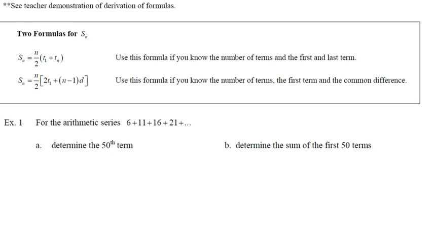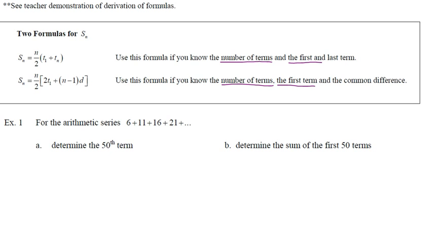Then we either need the last term, t sub n, or the common difference. Use the top formula if you know the number of terms and the first and the last term. Use the other formula if you know the number of terms, the first term, and the common difference, d.